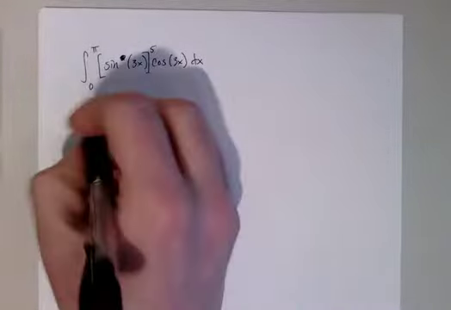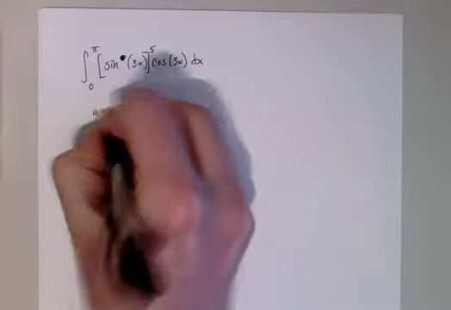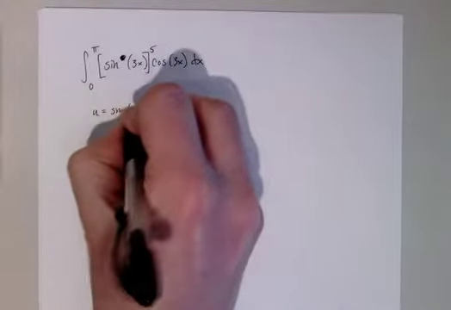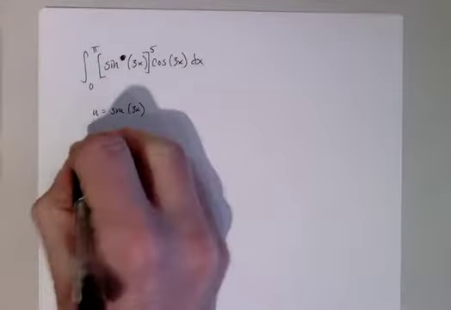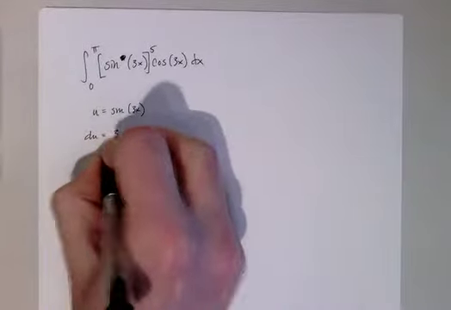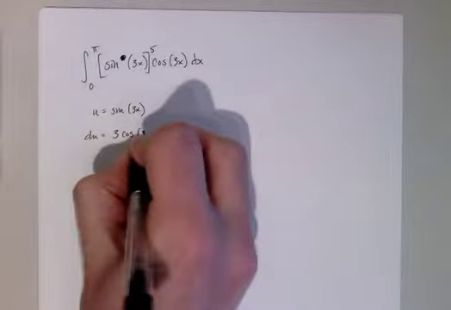Okay, so if u is equal to sine of 3x, because remember my default is at least to say it's probably the thing that's in brackets or parentheses raised to the power, I know that du is going to be 3 cosine 3x dx.